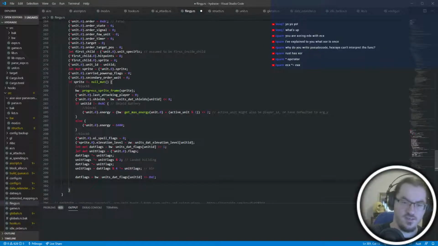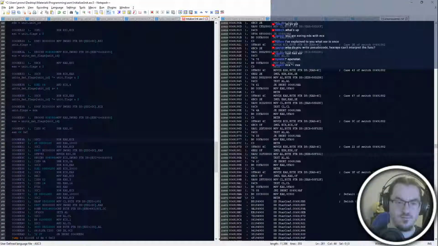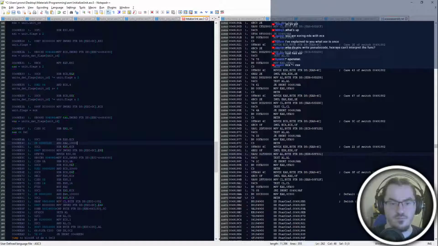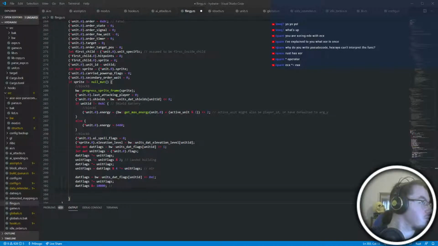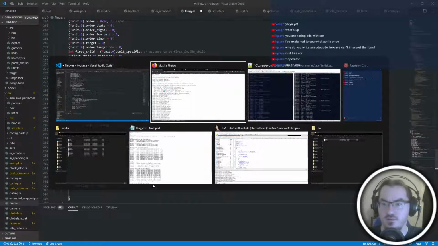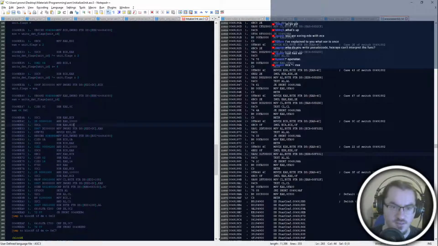So we would say dat flags. Flags. I'm not sure why it's shifted right that much, but maybe that's more obvious to somebody who knows the structure a bit more.